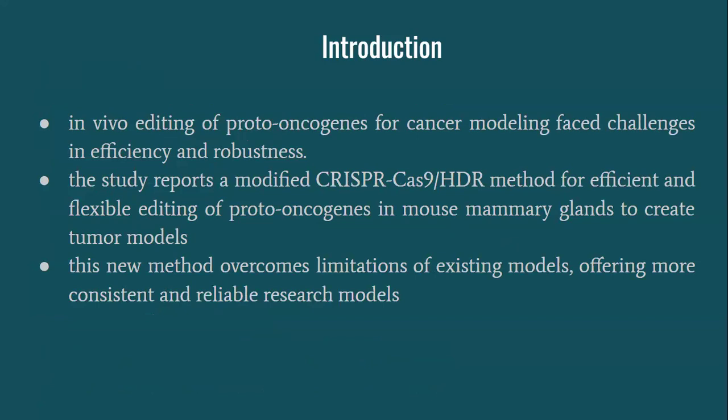So this can also be applicable to other cancers as well, but here the scientists have chosen mammary glands, to see how breast cancer can be modeled. So this new method actually overcomes the limitations of models.